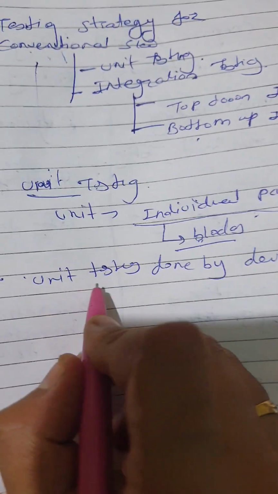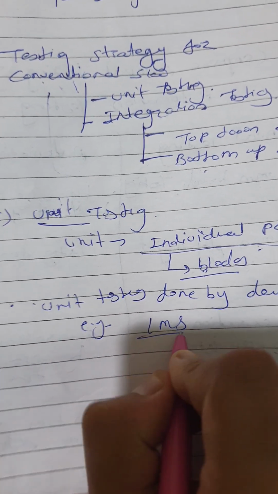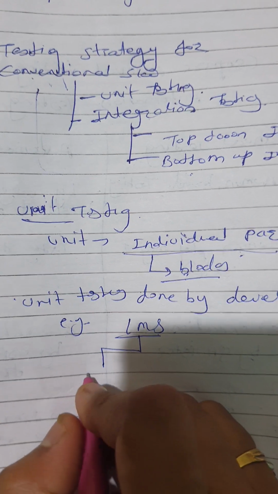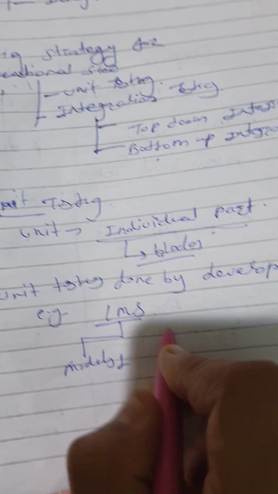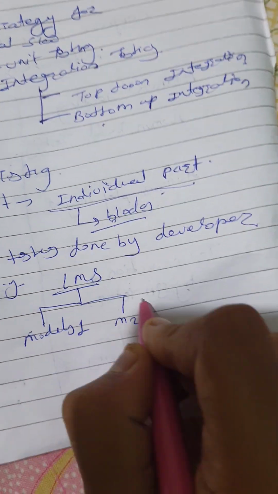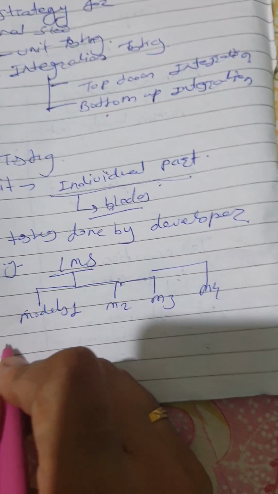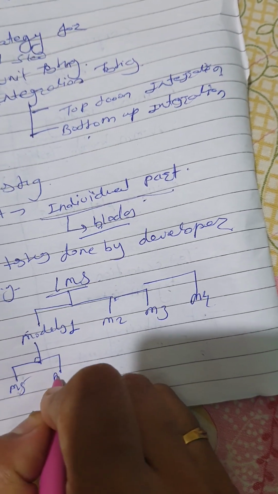Suppose, for example, we have already seen the example related to a library management system. The library management system is broken down into modules: module 1, module 2, module 3, module 4. Again, a module is broken down into submodules, module 5 and module 6.